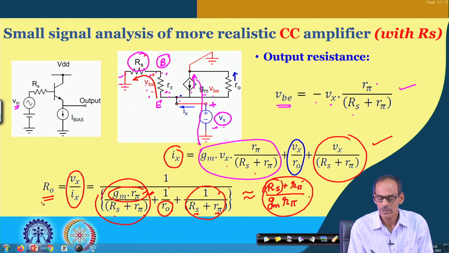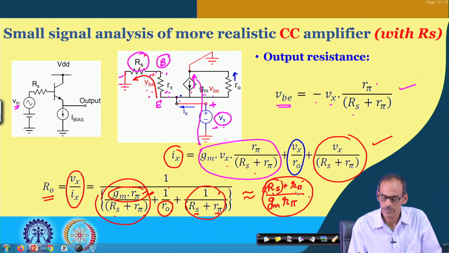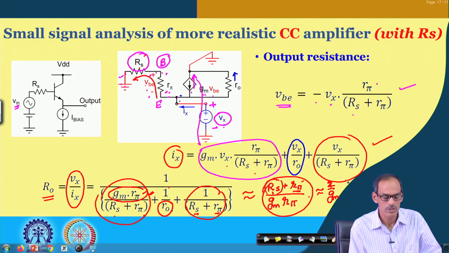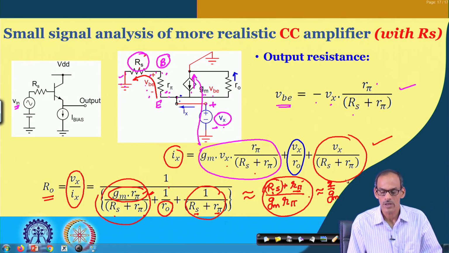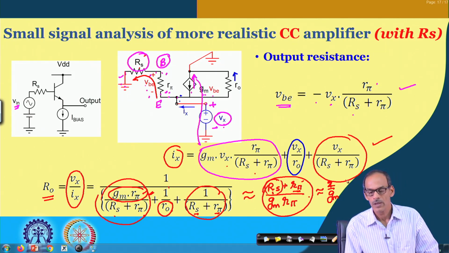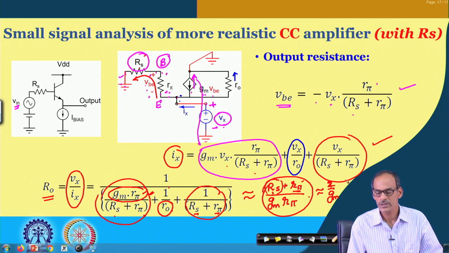But again, even if R s is in the order of R pi, then also you can say that this is in the order of 1 by G m. So, in case R s equals R pi, then this may be 2 divided by G m. That gives you some idea of what may be the effect of this R s on the output resistance. So, this is the effect coming from the R s.